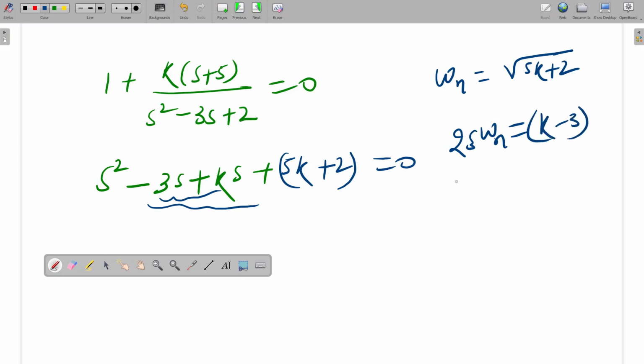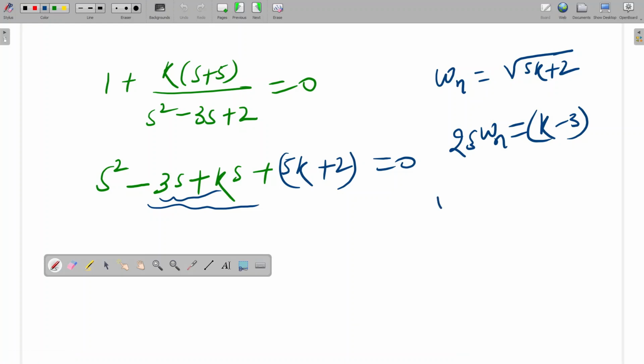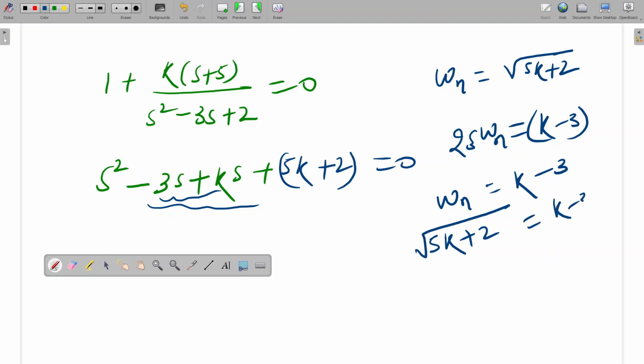Okay. So zeta value is how much? 0.5. Already it is given here. And that root locus is crossing the 0.5 damping ratio line. Okay. It means zeta is equal to 0.5. So omega n will be equal to k minus 3. Okay. So omega n here, it will be root of 5k plus 2 equal to k minus 3, and it will be 5k plus 2 is equal to k minus 3 whole square.